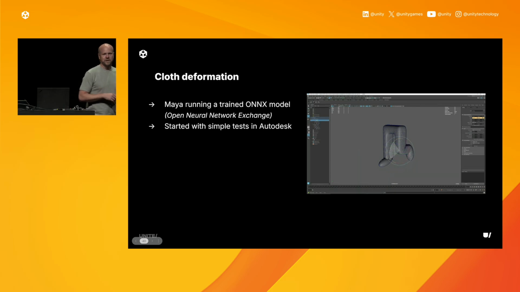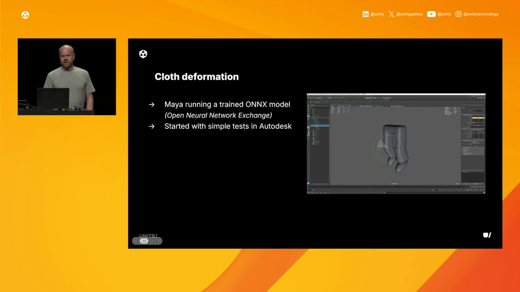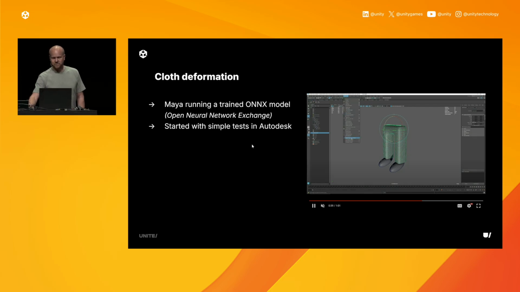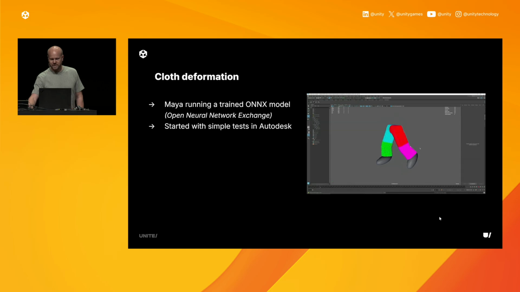You train the model, you can use a DCC tool like Autodesk Maya or Blender, export the data, train the model, play it back in your DCC, and the exact same model you can drag and drop into Unity and look at the result there as well. That made it super nice and easy to explore this kind of option. And this is a nicely deformed pair of pants in the early days.